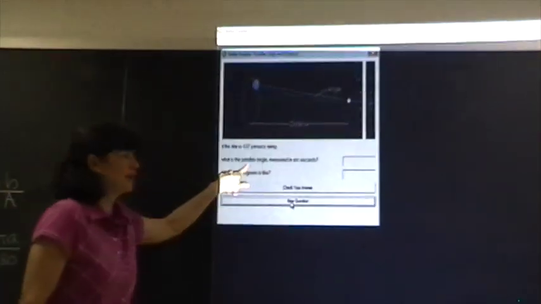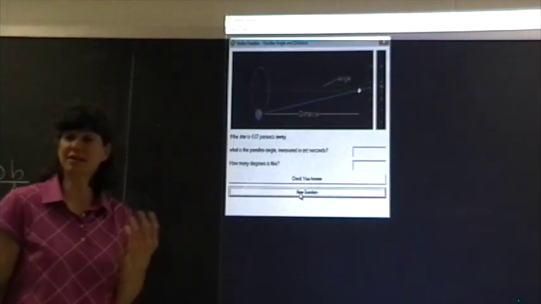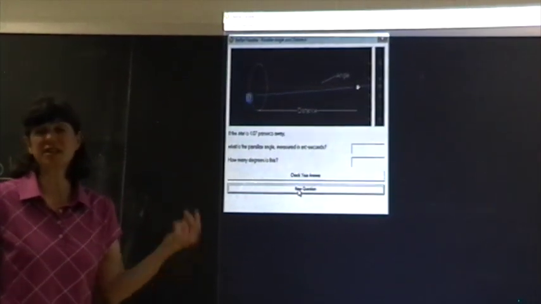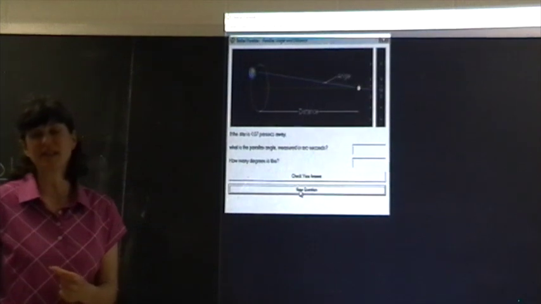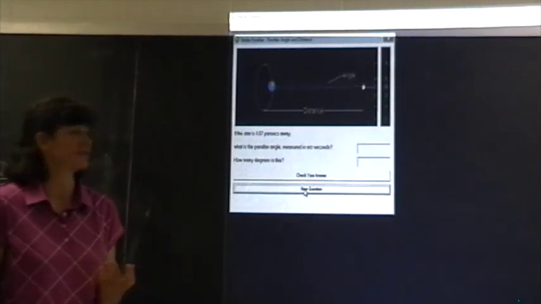The next question now gives you the distance in parsecs and asks you to find the parallax angle in arc seconds. Again, it's the same idea. If the distance is 1 over the parallax angle, then the parallax angle in arc seconds is just going to be 1 over the distance.